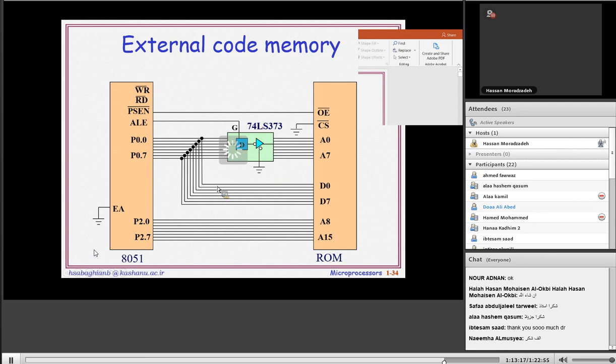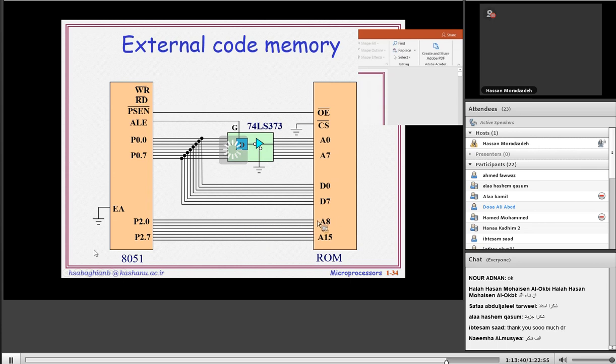Write bar is connected to write bar of RAM, read bar is connected to read bar of RAM. Chip select is connected to ground, the same. Address bus A0 to A7 is connected to the output of the latch, and A8 to A15 is connected to port 2.